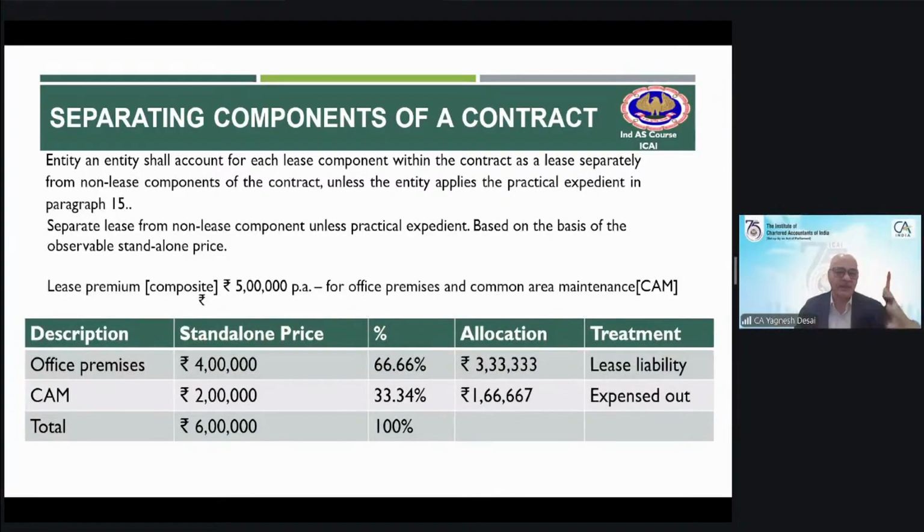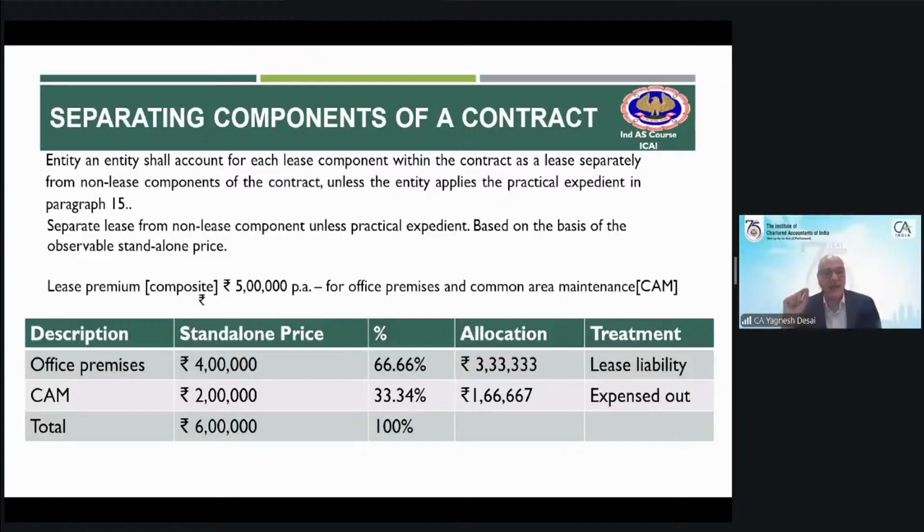Here in this example, for the office premises and the common area maintenance, the entity has not bifurcated. So what do I do? I find the standalone price. That means for the office premises, had I not availed of this common area maintenance, I would have paid 4 lakh rupees per annum, but now I'm paying 5 lakhs.